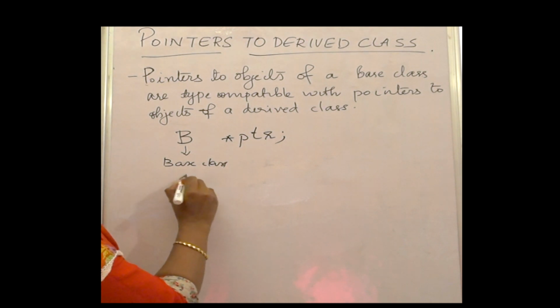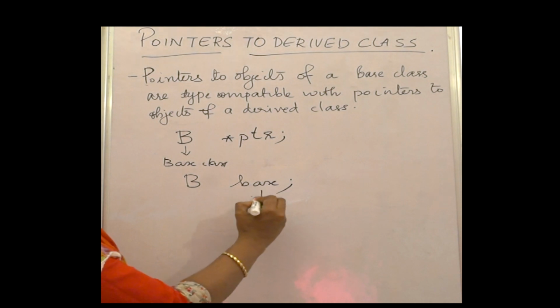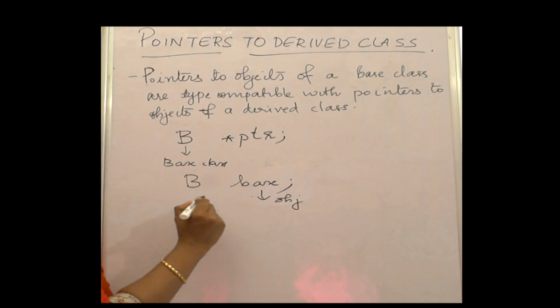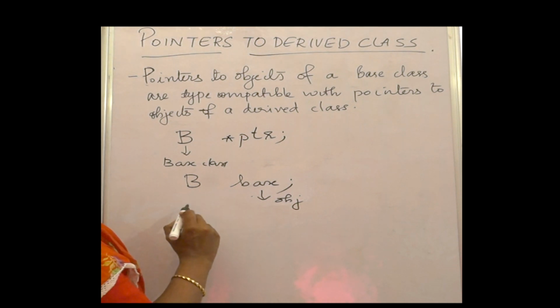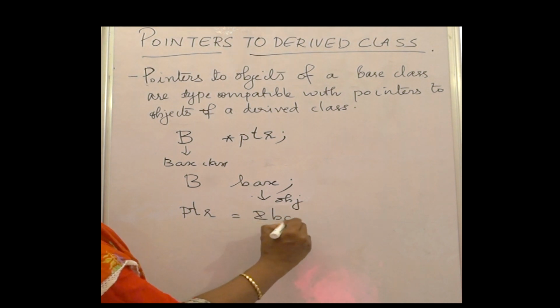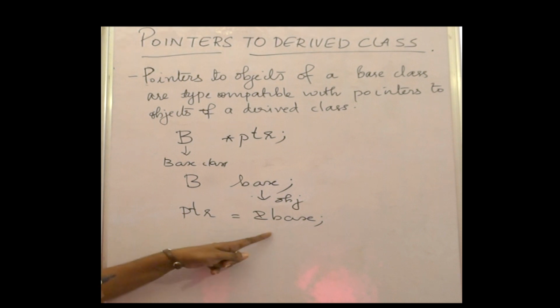Now I am creating an object of B, base. This is an object of the base class and base is the name of the object. Now I am going to assign PTR with ampersand base. So now PTR contains the address of the base class object.